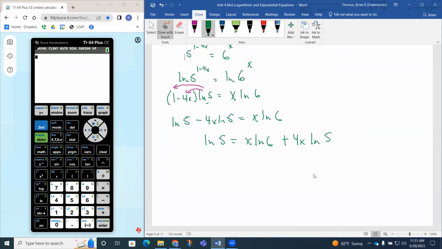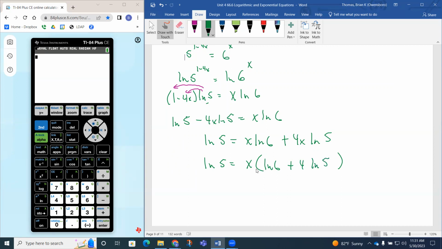Now what's kind of cool is, since both of these have a common factor of x in them, I can actually factor that x out. So this natural log of 5 is going to equal then, the x could come out as a common factor, and then I put in parentheses what's remaining. So if I factor the x out, that's going to leave me the natural log of 6. If I factor this x out, that's still going to leave me the 4 and the natural log of 5.